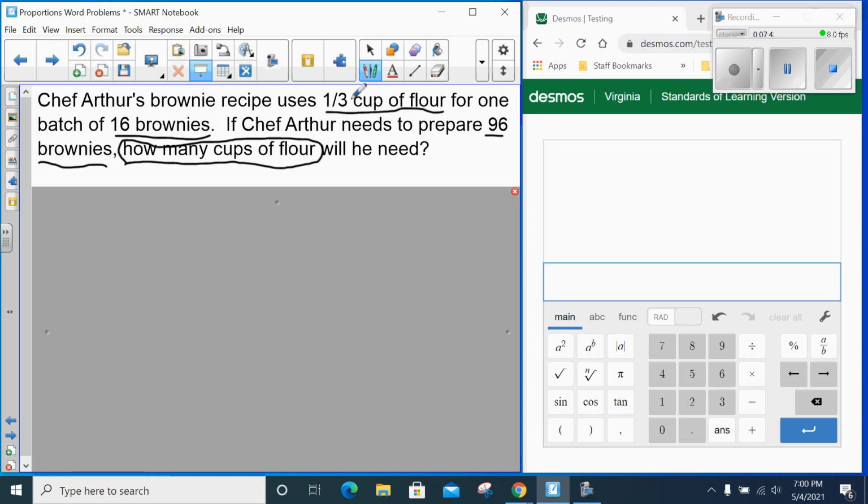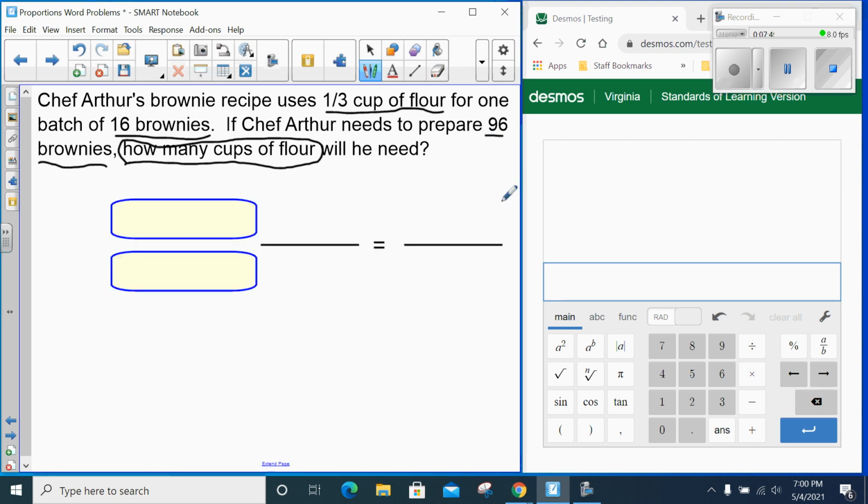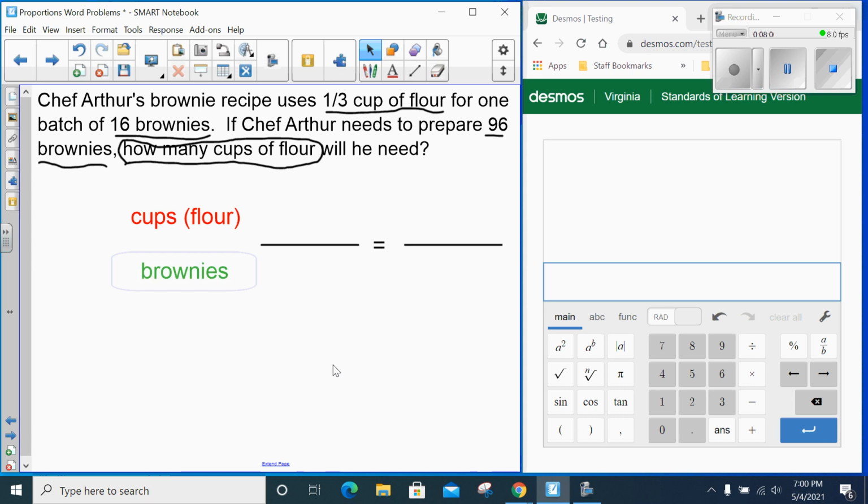So they gave us one complete ratio again, and we need to use that to find the missing part of the other ratio. So what is it asking us to compare here? You could write cups or you could write flour here, whatever makes more sense, but we're comparing cups of flour to brownies. I always like to start with the complete ratio, the one that they told me the 2 parts together.